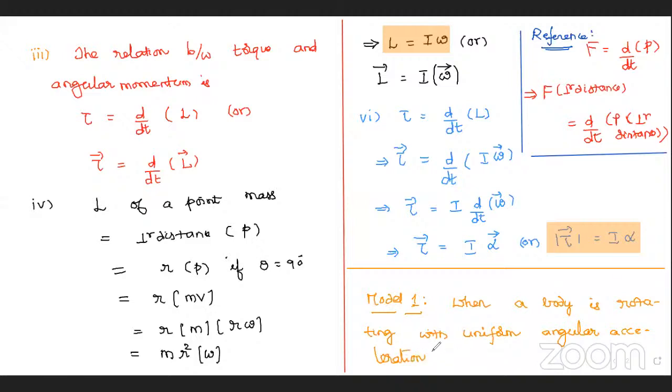Uniform angular acceleration. Uniform angular velocity, sorry, uniform acceleration. Here, uniform angular acceleration. Try to recollect, you wrote four equations of motion.